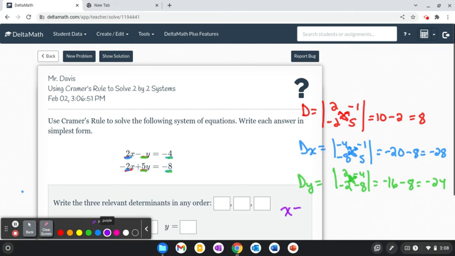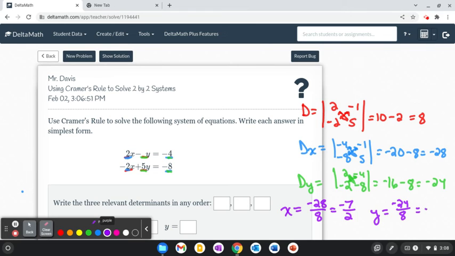Our x is d sub x, which is -28, over d, which is 8. If we reduce that, you can use a calculator if you want to, but you're going to want that in simplest form. So 4 goes into both of those. It goes into -7 and 2, so -7/2. And then y is going to be d sub y, which is -24/8.